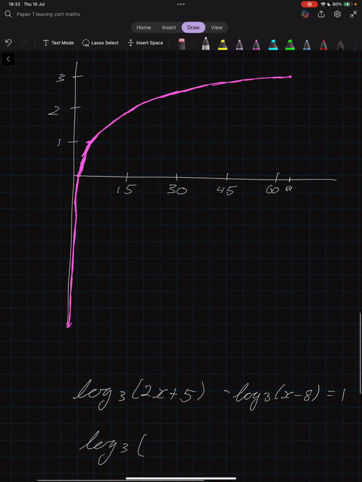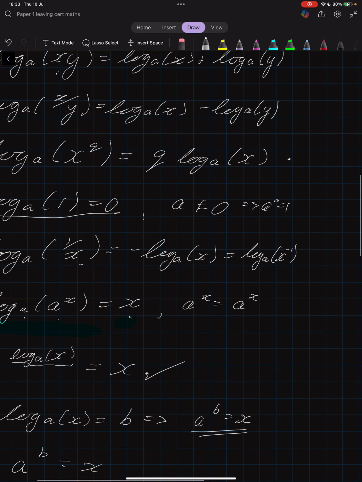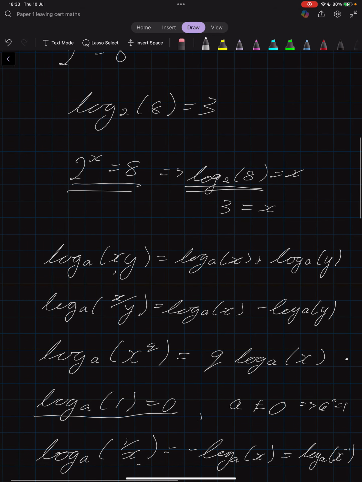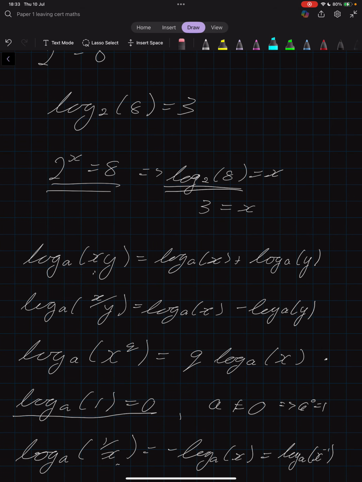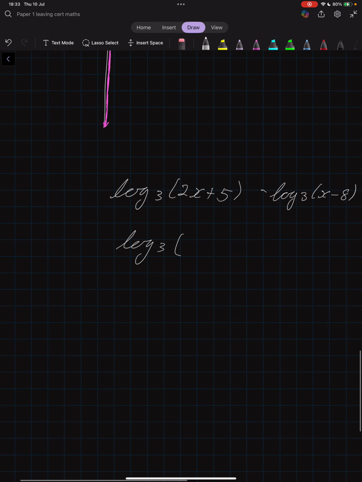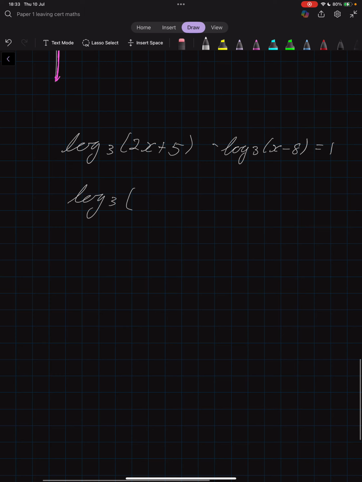So if we go back up here, if I am minusing like this, that means I can just divide the two things. So I can change this from minus to a divide. So it's going to be 2x plus 5 all over x minus 8 equals 1.